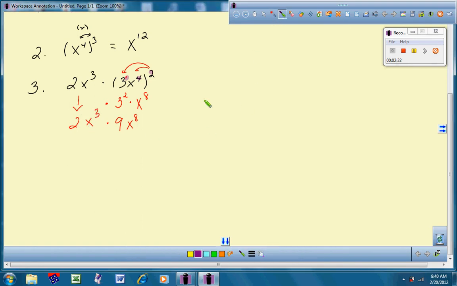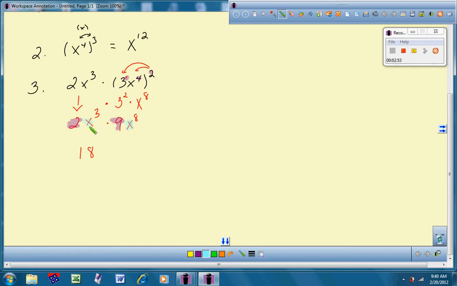Now let's go ahead and simplify the expression further. First thing, multiply the 2 and the 9. That gives you 18. Second, look at your variable x's. We see that they both have the same base.